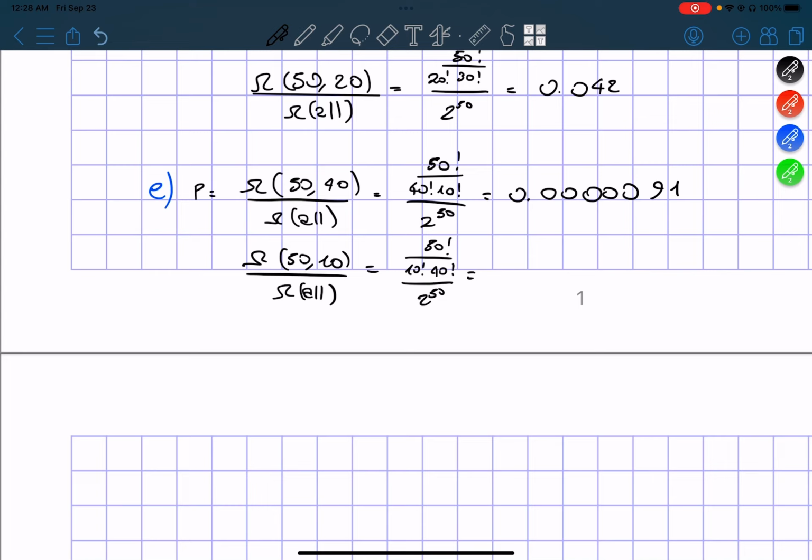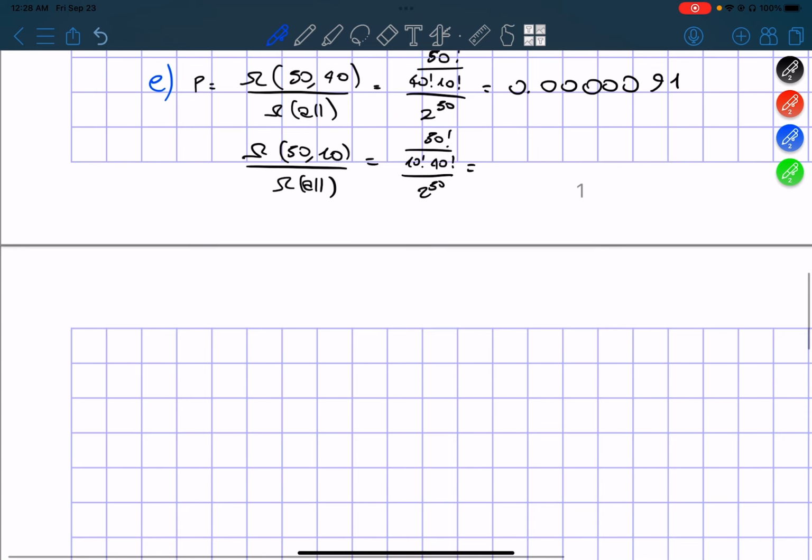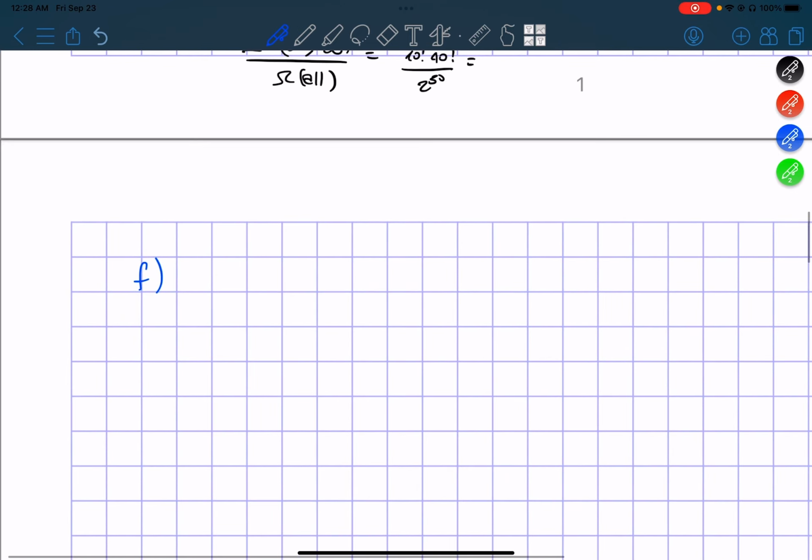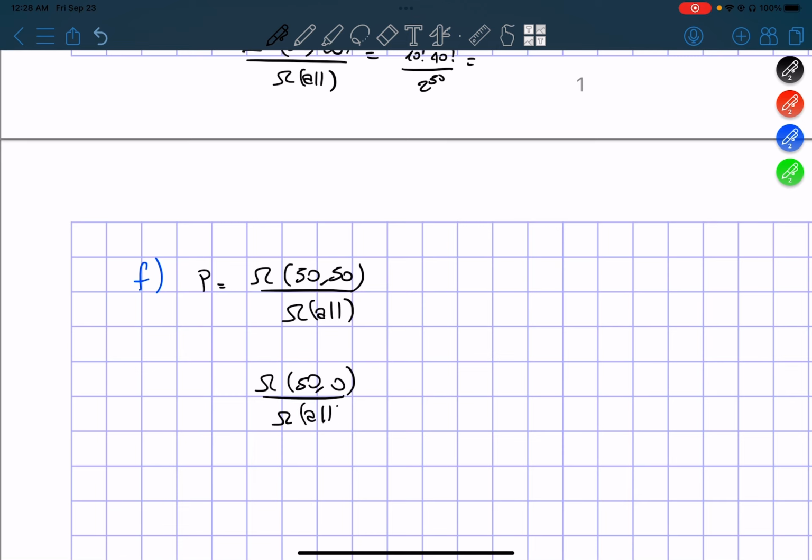Okay, so now here we have part F, and what's the probability of getting 50 tails? It's going to be equal to, again, omega of 50 comma 50 over omega all, and again this is equal to omega of 50 comma 0 over omega all.